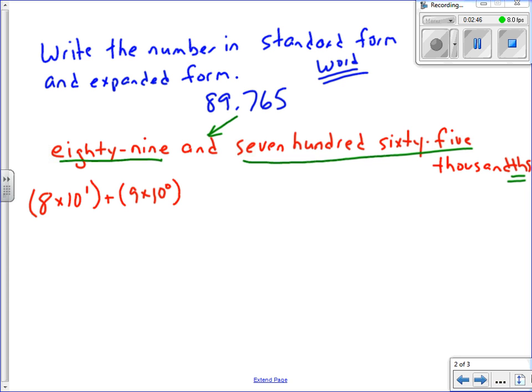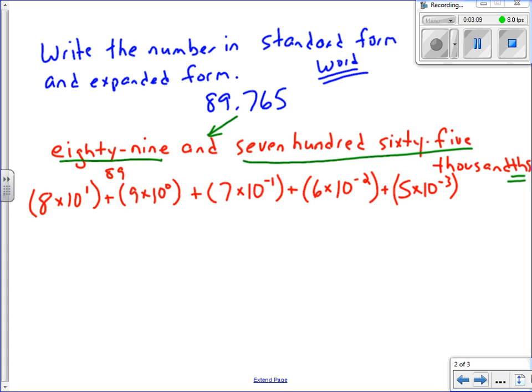So I have 89 right here, plus 7 times 10 to the negative 1, plus 6 times 10 to the negative 2, plus 5 times 10 to the negative 3.